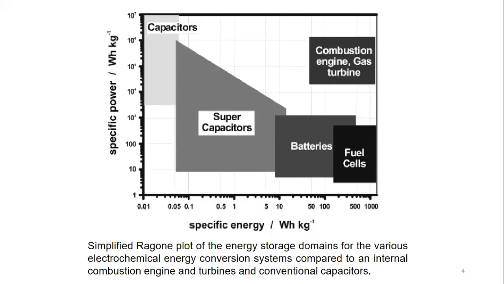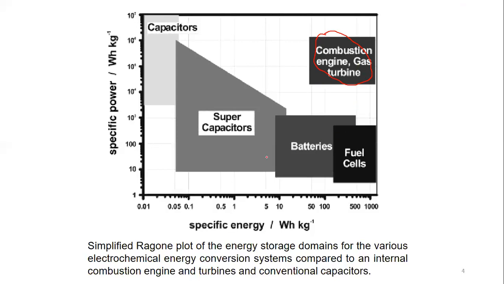Now there is a big difference between fuel cell, supercapacitor and batteries. And on the right top corner you can see combustion engine and gas turbines. Looking at this figure we can easily find out that basically our whole market is dominated by the combustion engine and gas turbine, although they have a lot of shortcomings as well.